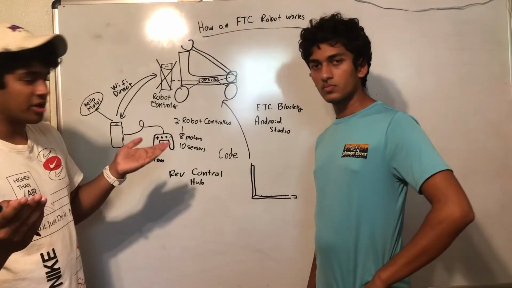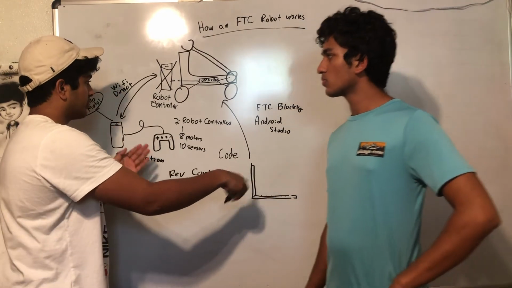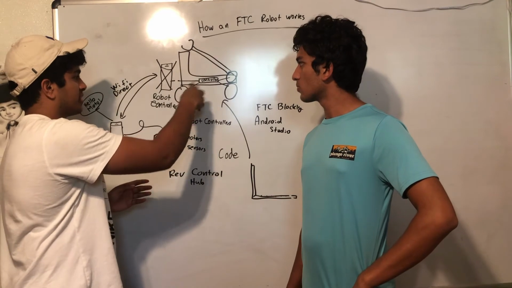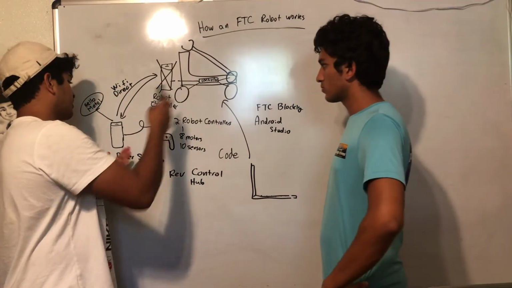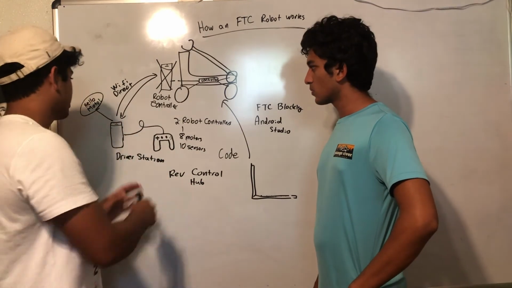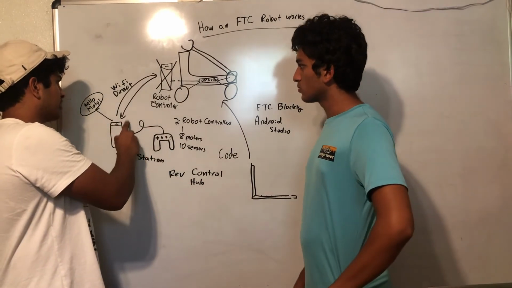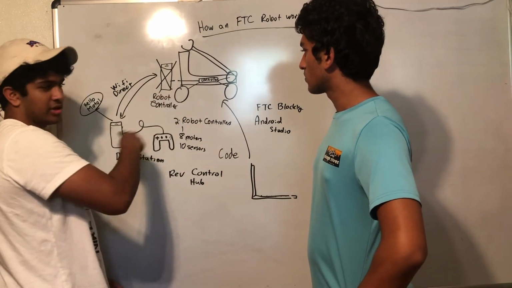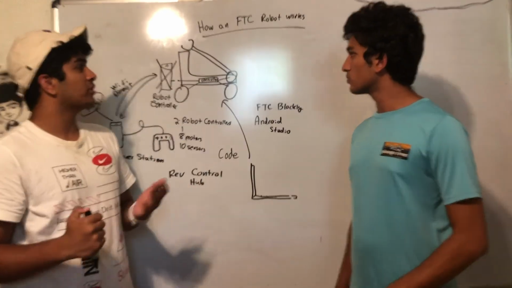If you are in autonomous, all the code the programmer programmed goes to the controller and spreads out, assigning whatever motors are moving. If you're in teleop mode, your controller user input goes to the phone, which sends data to the robot controller, and it does it again. So that's a quick overview of how an FTC robot works.